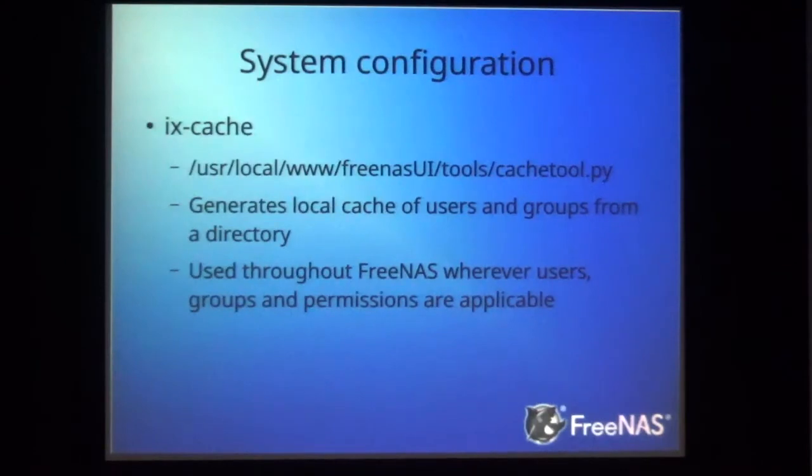And this cache is what's used wherever in FreeNAS you set permissions or have a user and group dropdown. So if you're configuring permissions on a share and you go to the dropdown, you see users and groups, this is what it uses.